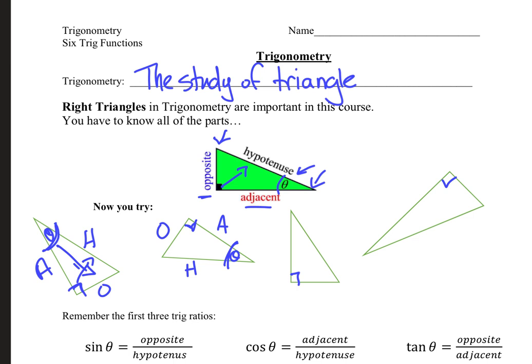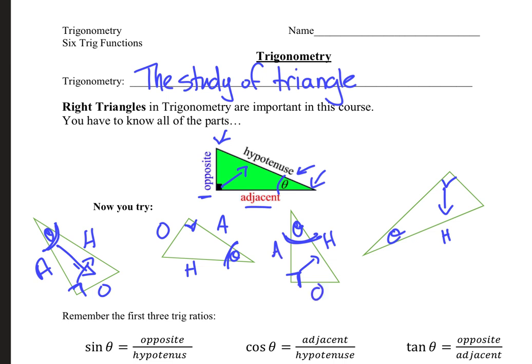So for example, let's just do two more here. Let's say this is your theta, and this is your theta. Notice that the hypotenuse will always stay the same. If this one was my theta, this would be the angle, this is the right angle, so this is our adjacent side, and this is our opposite.